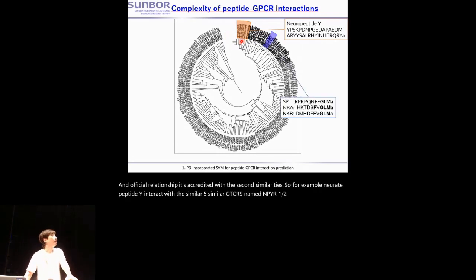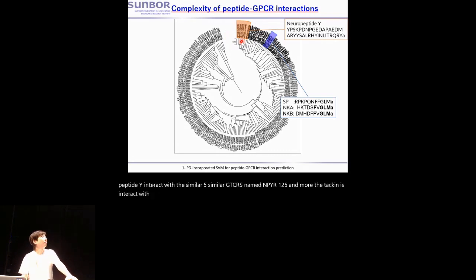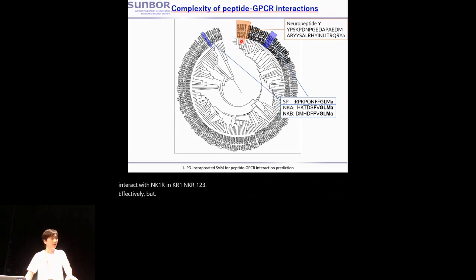And more, the tachykinins interact with NK1R to NK3R, respectively. But substance P interacts with the evolutionarily unrelated GPCR named MRGPRX2.